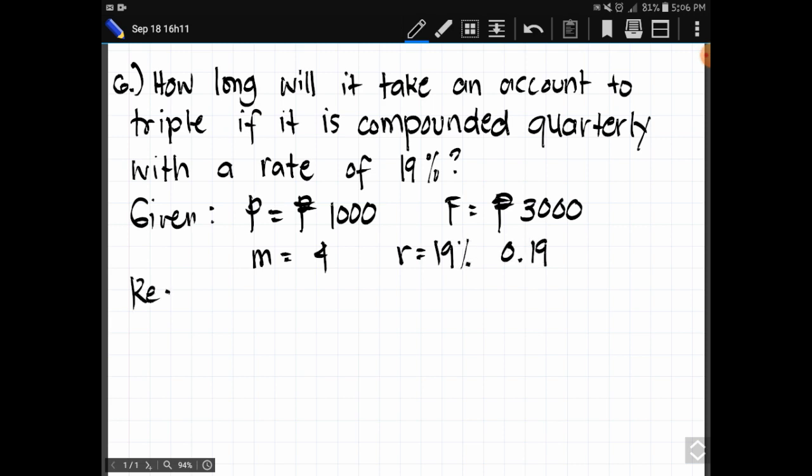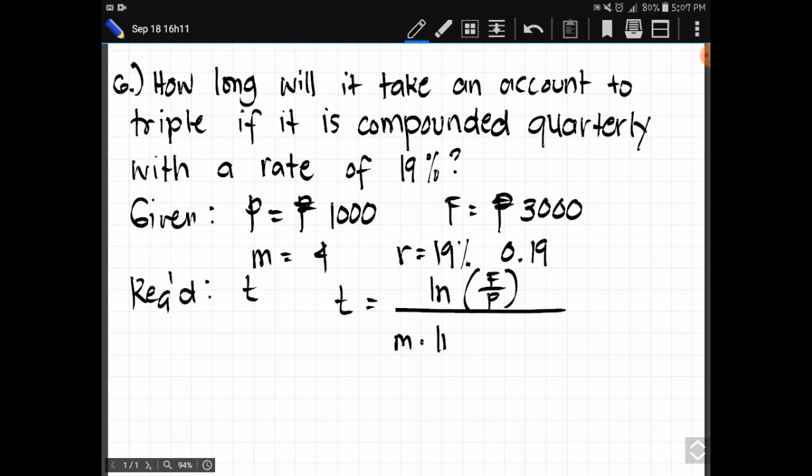The required, therefore, we can use the formula T is equal to the ln, or the natural logarithm, of the quantity F, or the future amount, over P, close quantity, all over the compounding period multiplied by ln of the quantity 1 plus R over M. Now we can substitute the given.